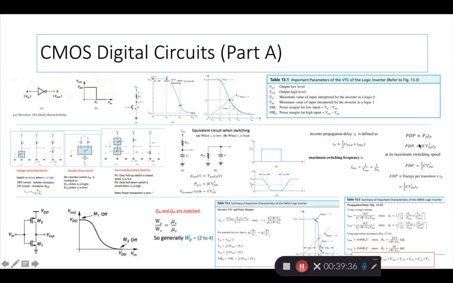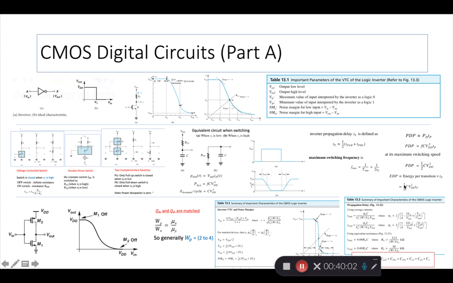Then we define some factors called the power delay product and the energy delay product. So that is the product of the power consumed, PD, which is the voltage times current, multiplied by the TP, right? And it has another formula like this, and it also gives you, at the maximum switching speed, a certain PDP that is this.